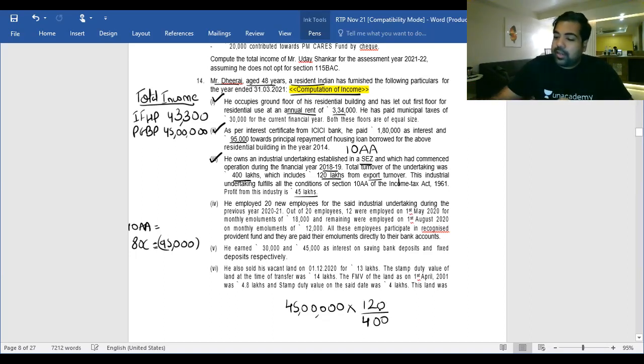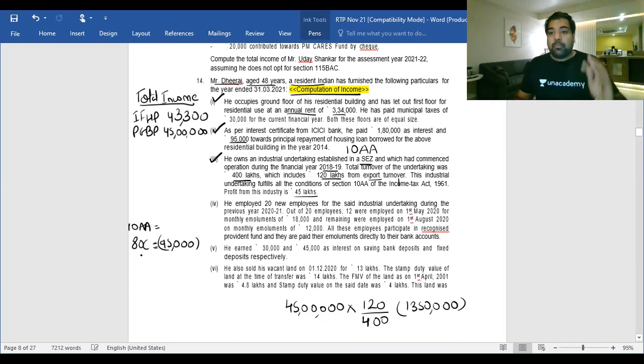So 45 lakhs divided by 400 lakhs into 120 lakhs gives you 13 lakh 50,000. That, guys, is your deduction under 10AA because you're in the first 5 years. But if you're in the next 5 years, then you would get half of this. So this is 13 lakh 50,000. I'm writing it here. This one is also done and completed.